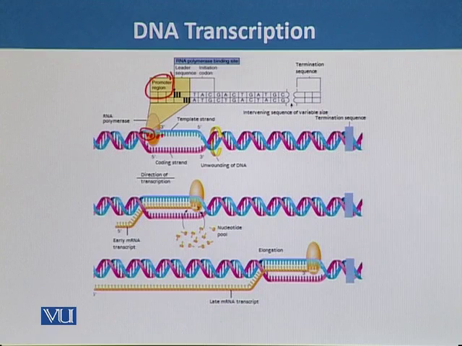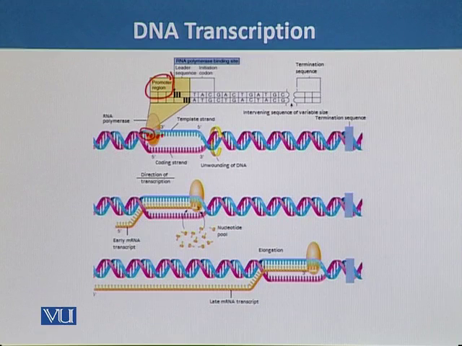The next step is the initiation step. In this step, the actual RNA polymerase recognizes this pre-initiation complex that comprises small proteins called transcription factors, and the binding of RNA polymerase with this pre-initiation complex is the important step of initiation.